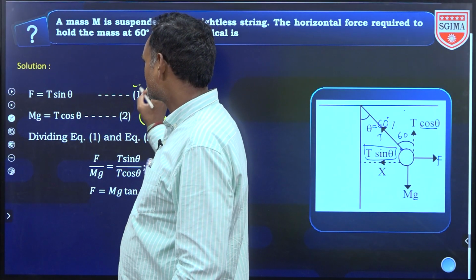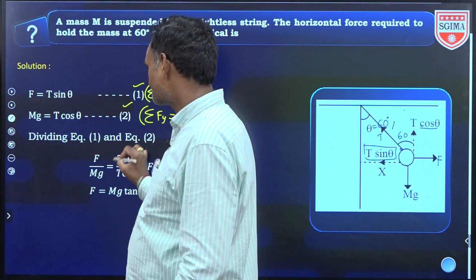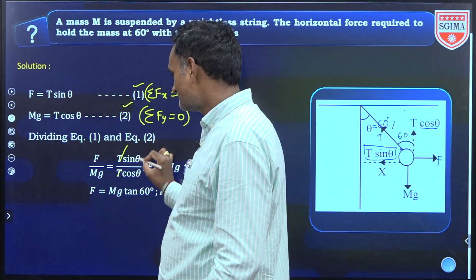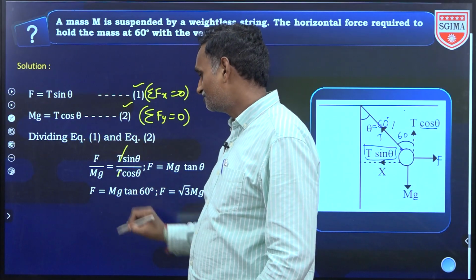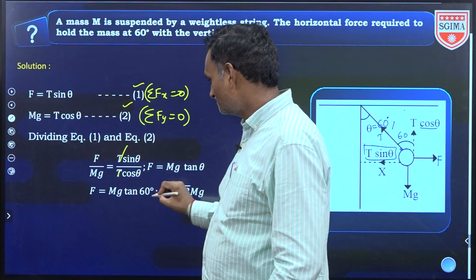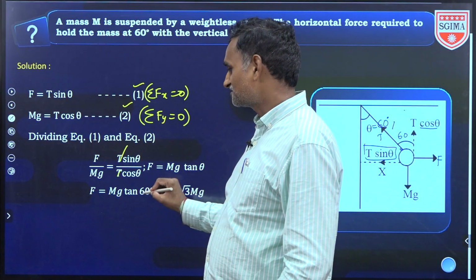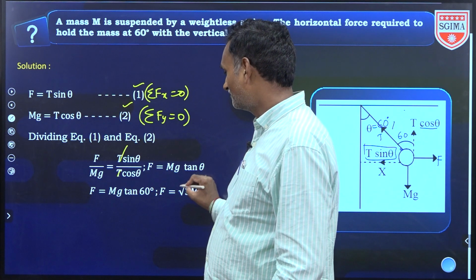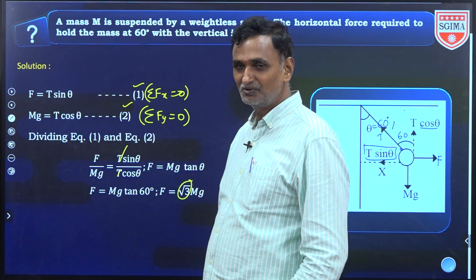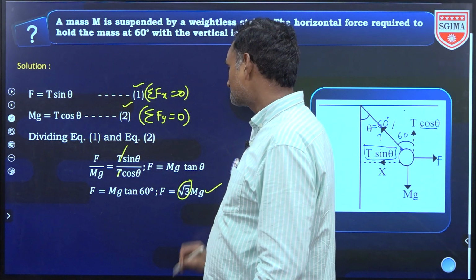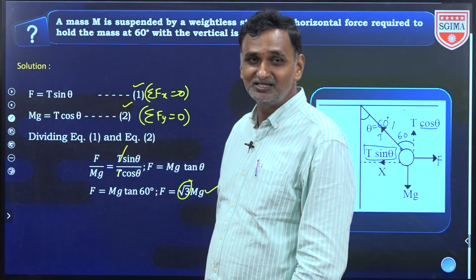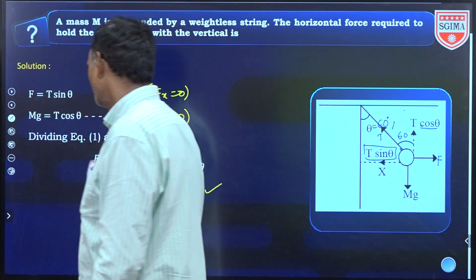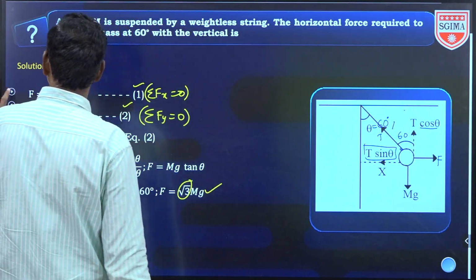Then we take the first and second equations, T gets cancelled, sin by cos is tan theta, so F by mg. F equals mg tan theta, and theta is given as 60 degrees. Tan 60 is how much? Root 3. So this is the force required to hold the mass at an angle 60 degrees with the vertical.